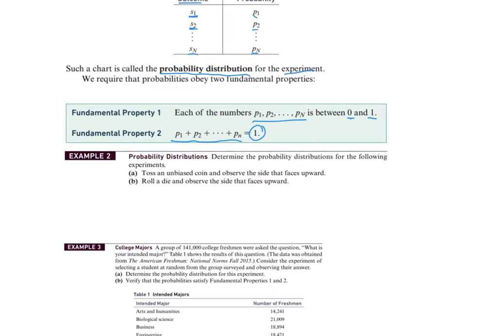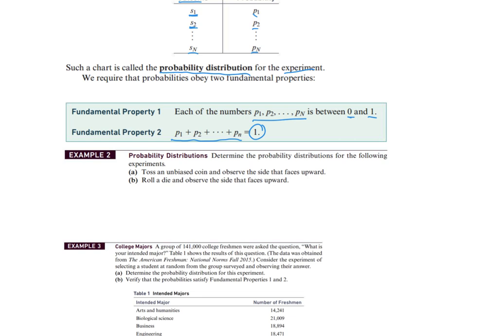Example 2, determine the probability distribution for the following experiments. Toss an unbiased coin and observe the side that faces upwards. Well, we have heads, we have tails. The probability of heads is 1/2, the probability of tails is 1/2. Notice that total equals 1.